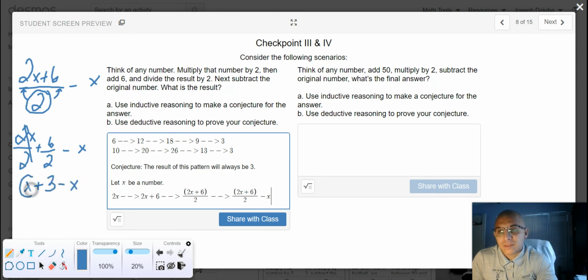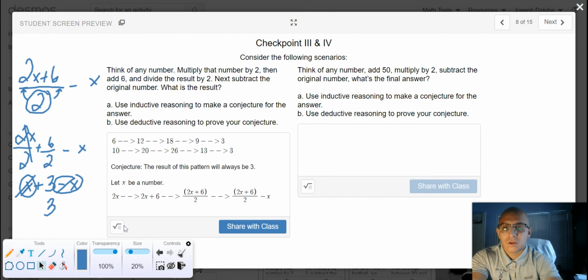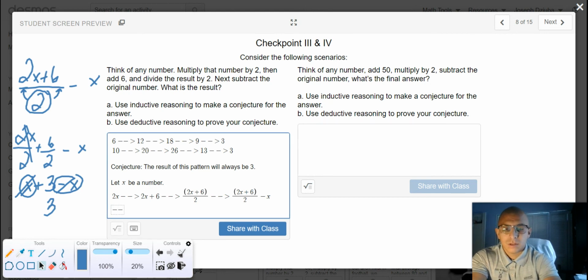And then we can clearly see that these x minus x will create a 0 pair, and oh, go figure, our final value left will be a 3. And thus we've now algebraically shown that regardless of what value we pick, we've manipulated the pattern in a way that our final result will always yield a 3.